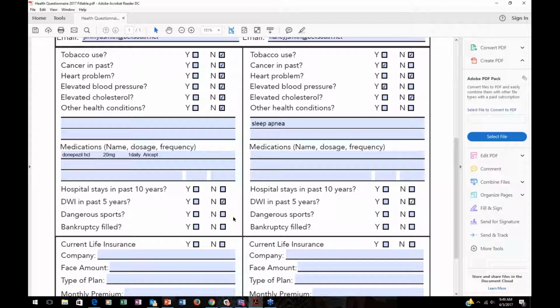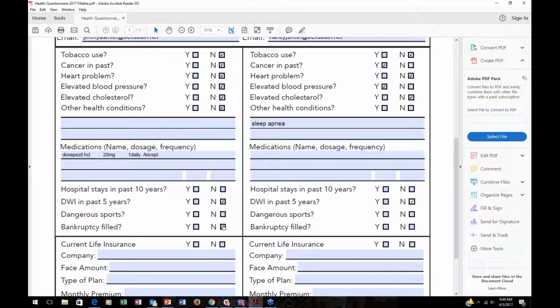Do they drive a race car? Do they drive a motorcycle? Do they occasionally like to go out and drop out of an airplane and open up a parachute? Do they do rock climbing? There are a number of things that might be considered dangerous that might have an effect on the rating that you wouldn't even think of off the top of your head, but it comes out later on. So we want to find out.